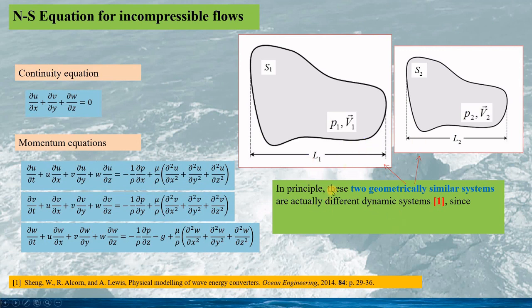Here, we can take these two systems, S1 and S2, as different because the governing equations, the Navier-Stokes equations, for both systems are the same, but the boundary conditions would be different because we have different sizes of these two systems.